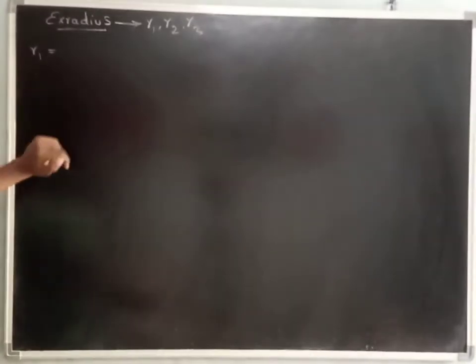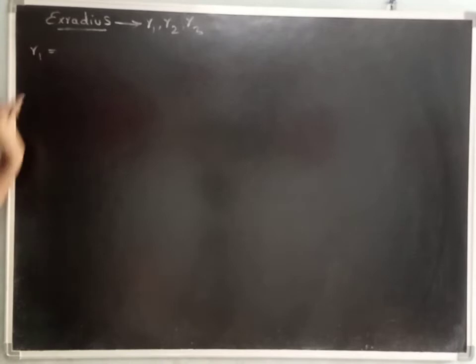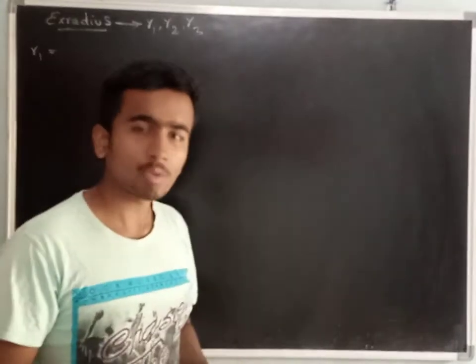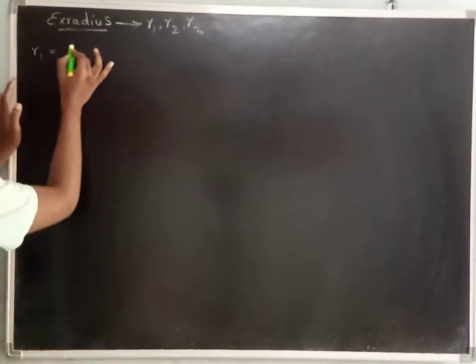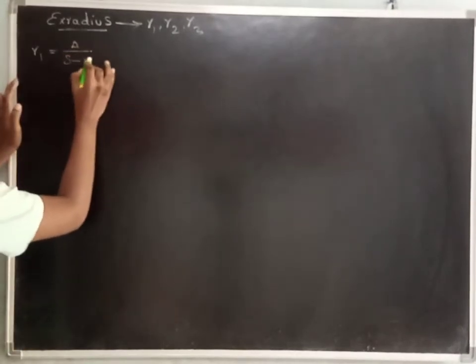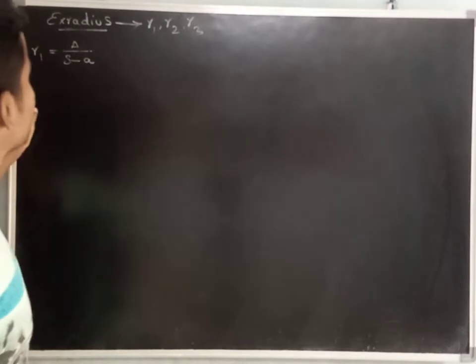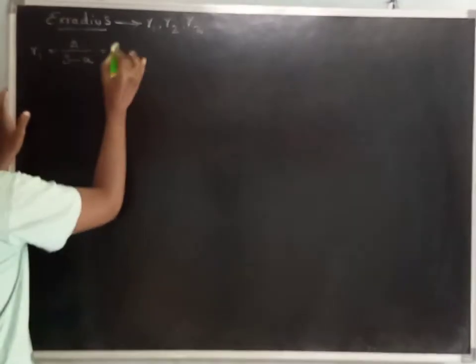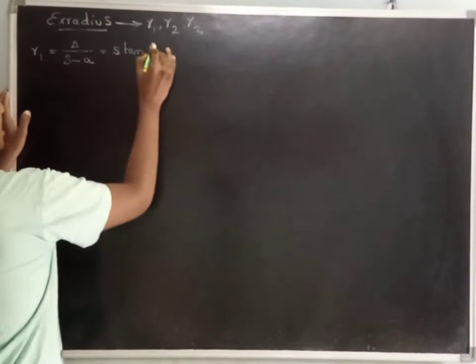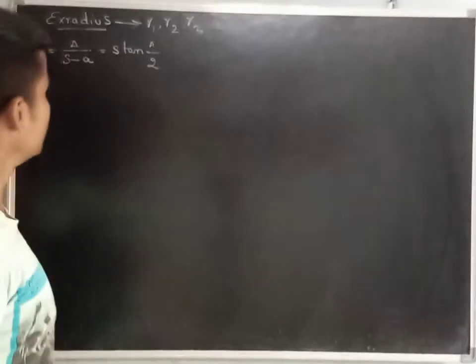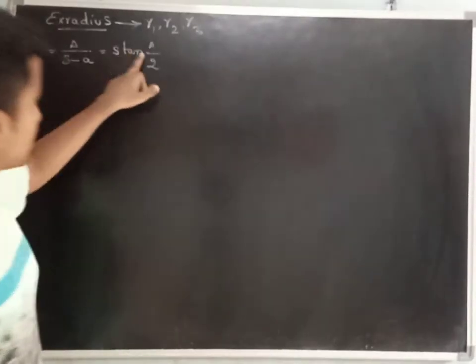First formula that we have discussed, let me write individually r1, r2 and r3. For r1, the first formula that we have discussed is delta by s minus a is equal to s into tan A by 2.